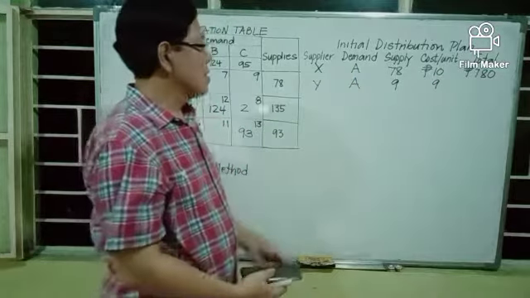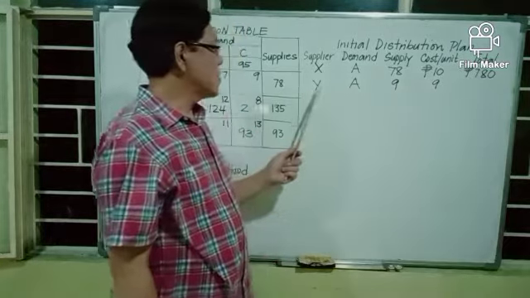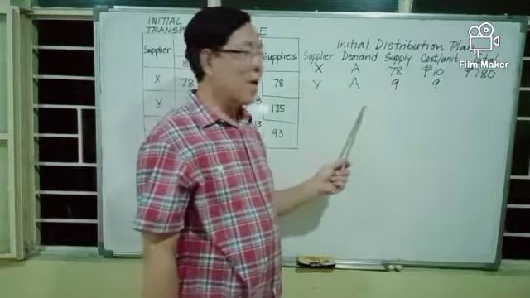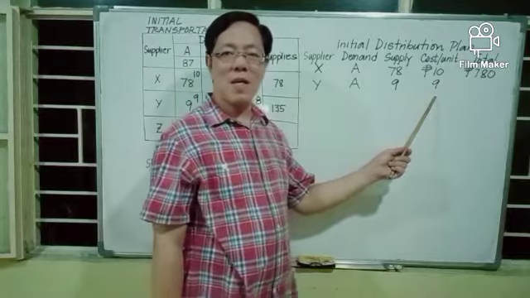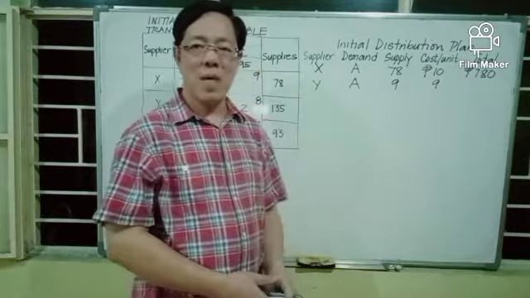And the total cost of transporting 9 units from supplier Y to customer A at 9 pesos per unit is 9 multiplied by 9 equals 81 pesos.